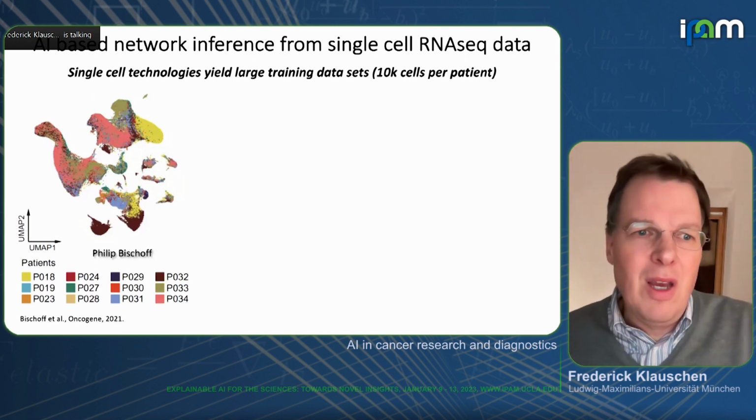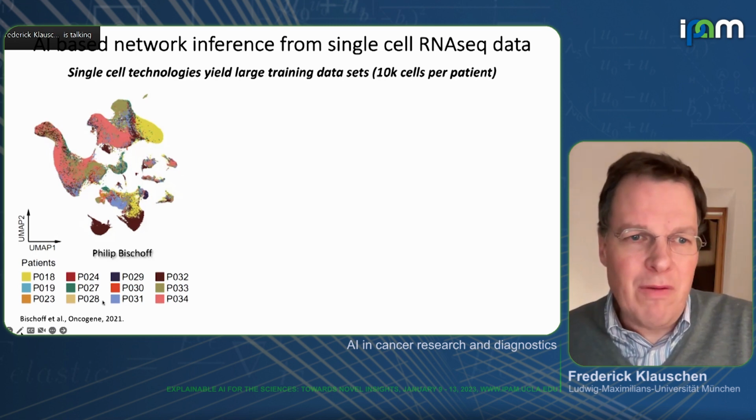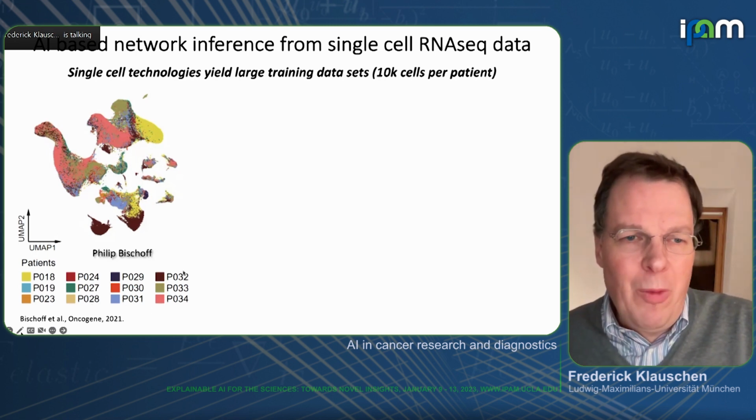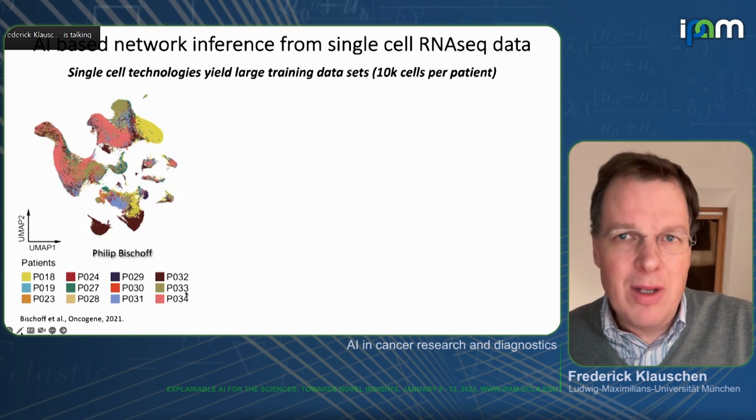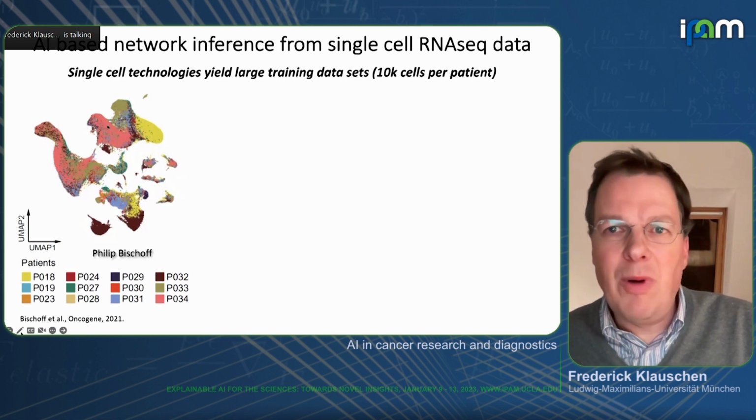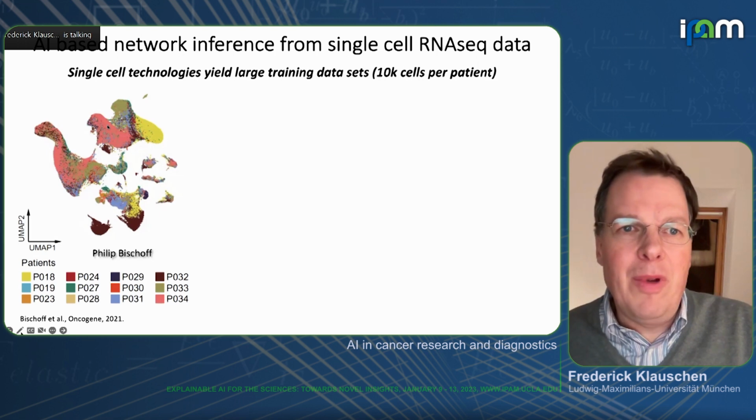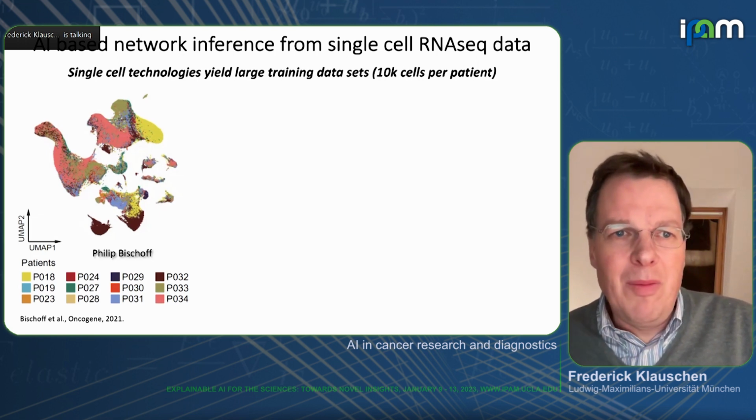And here you can see from a recent publication from my group, where we sequenced using this approach 12 different patients and received over 120,000 vectors, each containing over 2,000 entries for RNA expression.